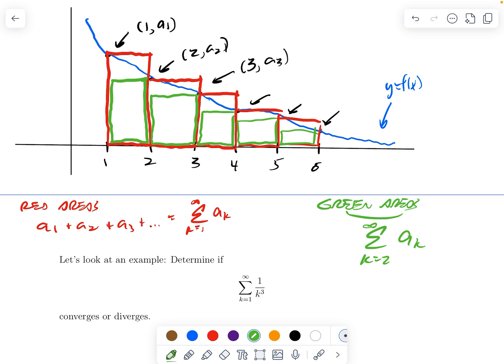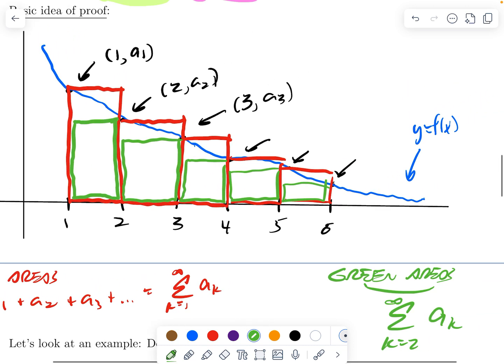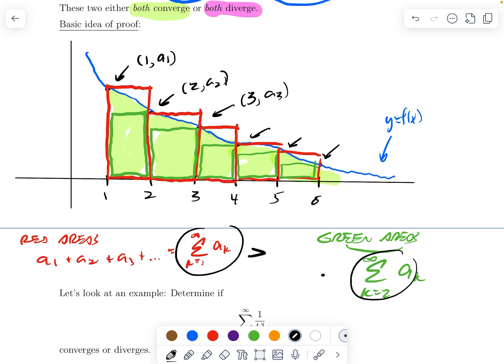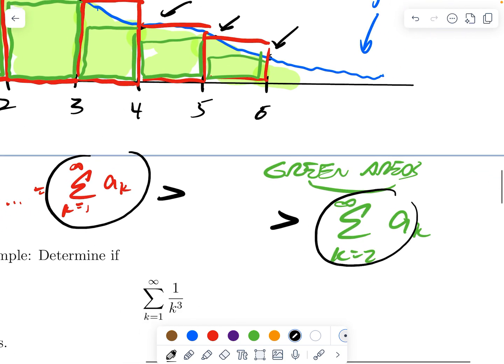And what we'll notice is that the improper integral is this area under the curve starting at 1. And what we can see from our picture is that the area that we're trying to figure out is smaller than the area of the red boxes, but bigger than the area of the green boxes. So I'm going to squeeze this in somewhat awkwardly.